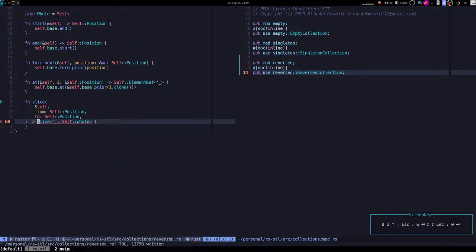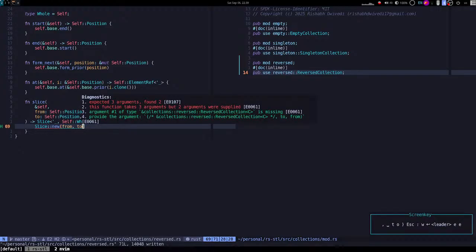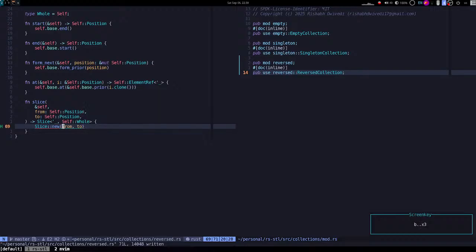And I do not know if I want to have a reversed position or something, but yeah, Slice::new from and to is good enough basically, right? So self slice new from to is good enough. So I want a slice from here to here, I just get that, right? It's not a big deal.